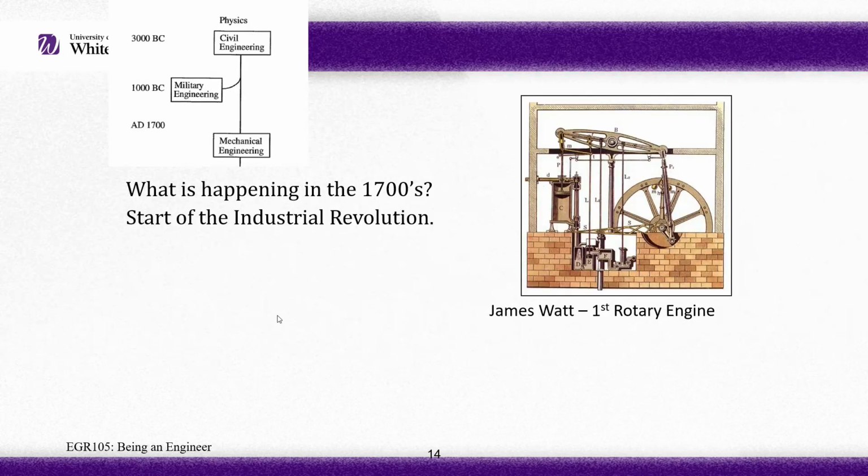It's the rotary engine. This is really the start of what we call the Industrial Revolution, right? And this is where mechanical engineering really starts. The 1700s into the 1800s time frame is really the beginning of the Industrial Revolution.